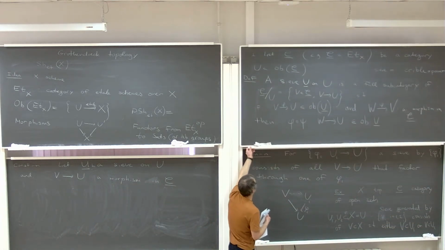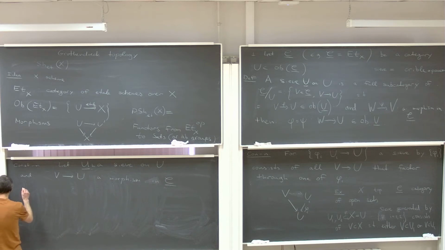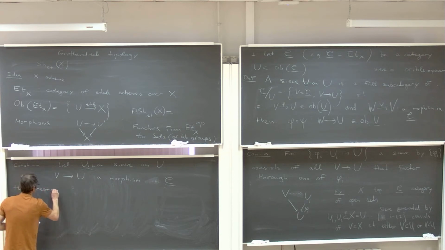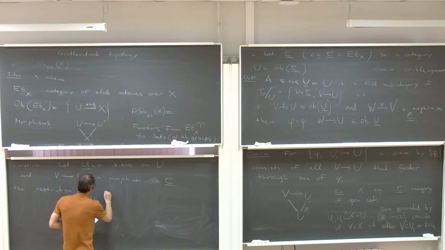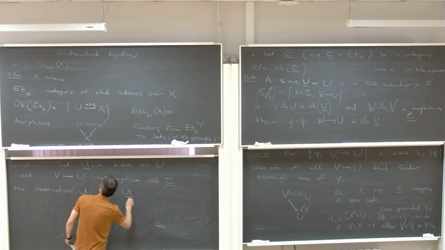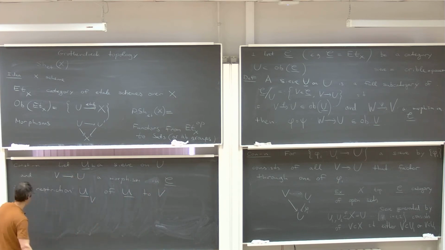Good. So, a morphism in C. Now, let's define the restriction of this sieve on U to V. Well, what is it?